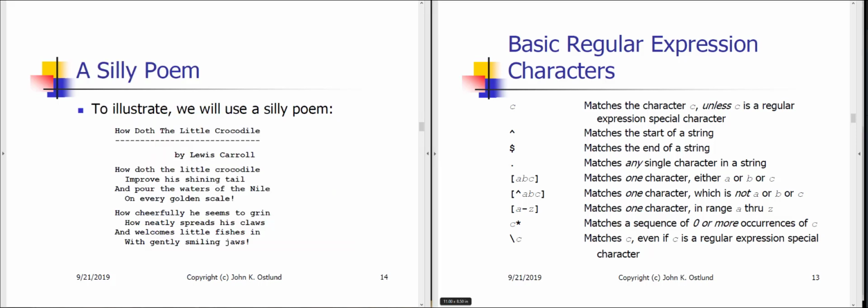To illustrate how these basic regular expression characters work, we're going to take a look at a silly poem that has the advantages of being somewhat funny, short, and therefore easy to remember, and it offers some amount of variable structure. For example, some of the lines are indented, some of the lines are blank, one of the lines has a first non-white space character that's lowercase, one of the lines has no alphabetic characters in it at all, and so on.